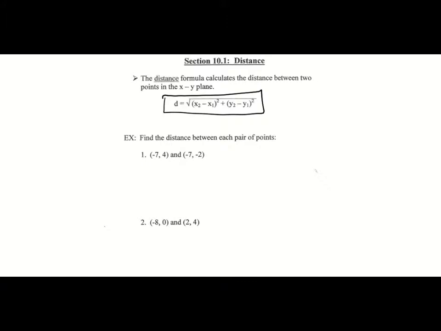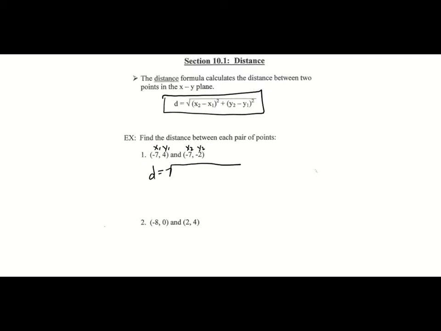So when we go to find the distance between a pair of 2 points, all we're going to do is plug in our points. I'm going to label x1, y1, x2, y2, just so I make sure I put them in the right spot.